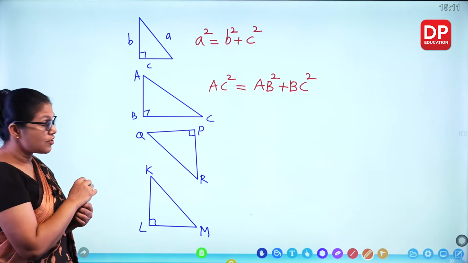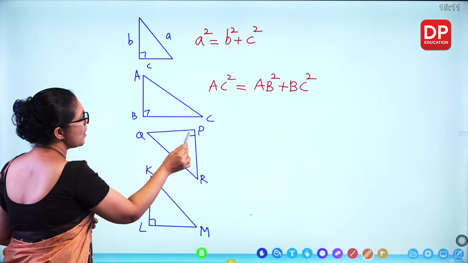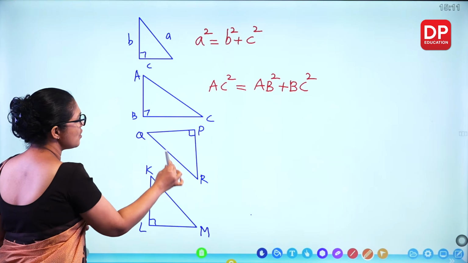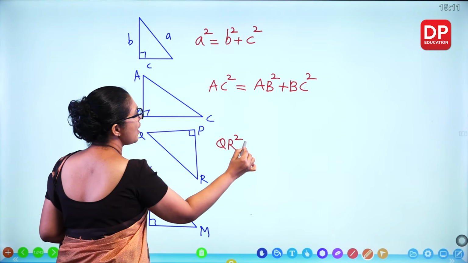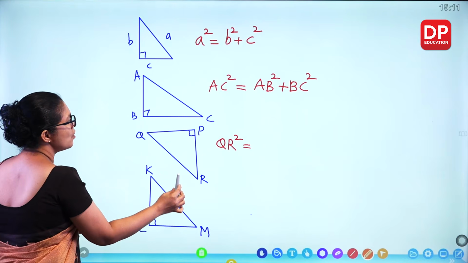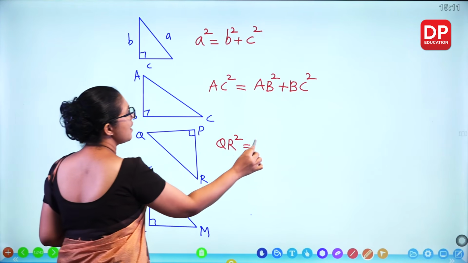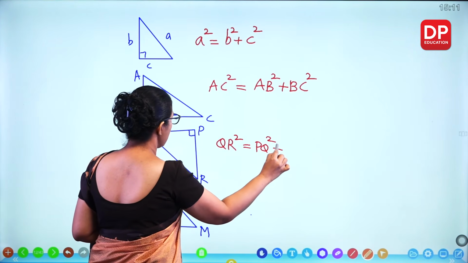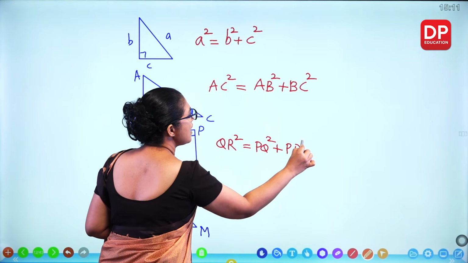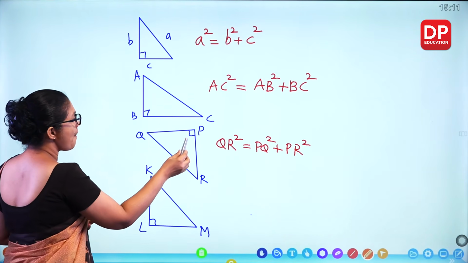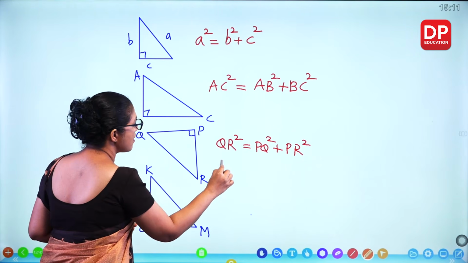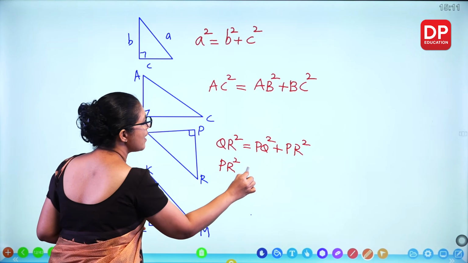Now look at the other triangle. Which one is the hypotenuse? Opposite to 90 degrees, QR. So I can write QR squared is equal to PQ squared plus PR squared. If I want the other side, PR, how can I write PR squared?